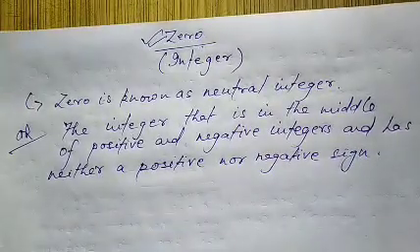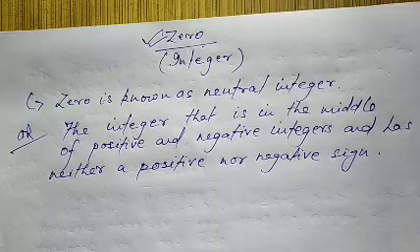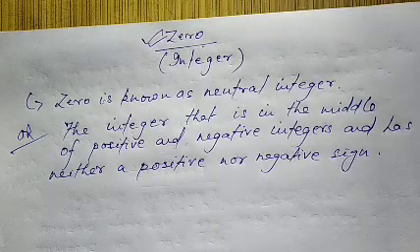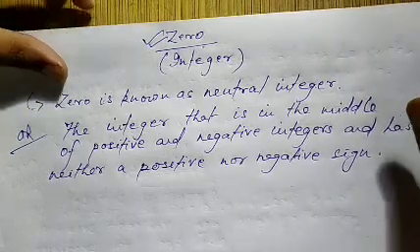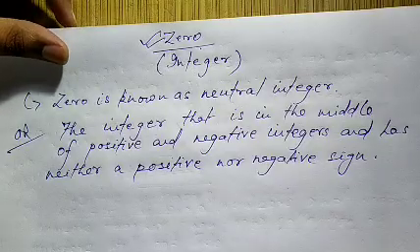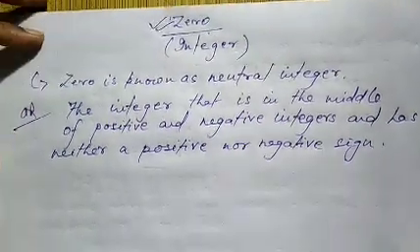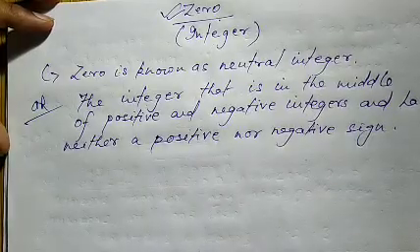So you can say that 0 is neither a positive integer nor a negative integer. 0 is known as the neutral integer. Now I think everyone understands the basic definition of integer. Now start the next topic, representation of integers on a number line.